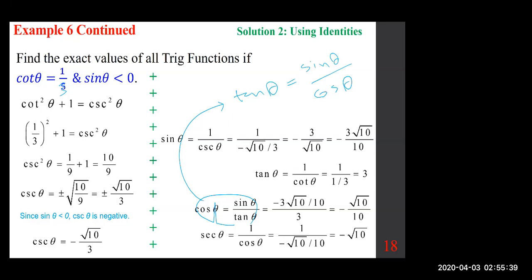But from cotangent, we can only get to tangent easily. We have to get something else to get there. So from cotangent, the reciprocal is the tangent, but what about the others? You have to use Pythagorean identity. All right.